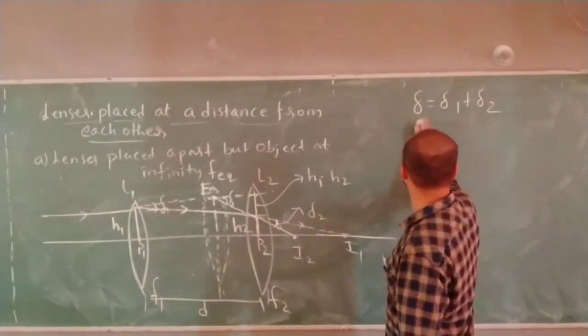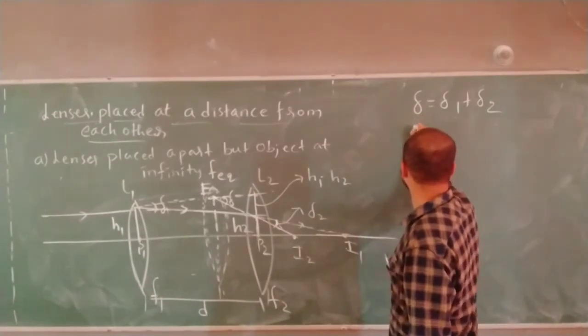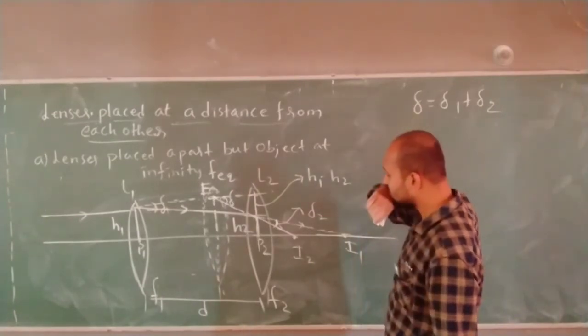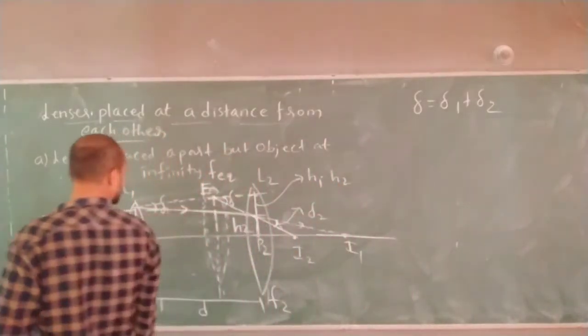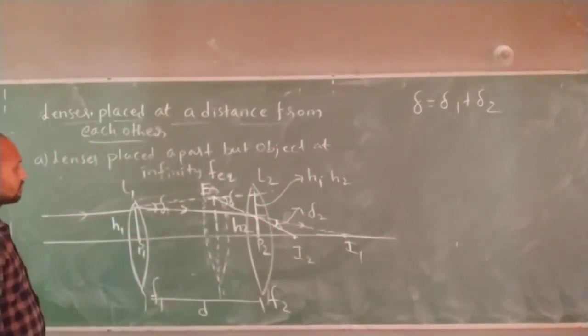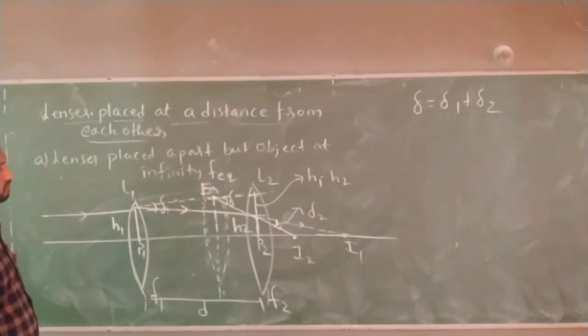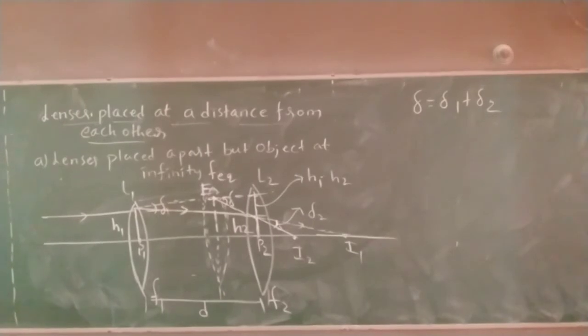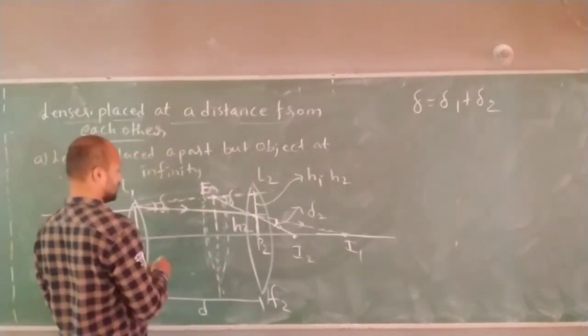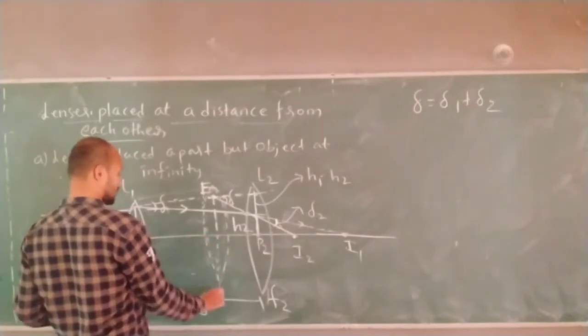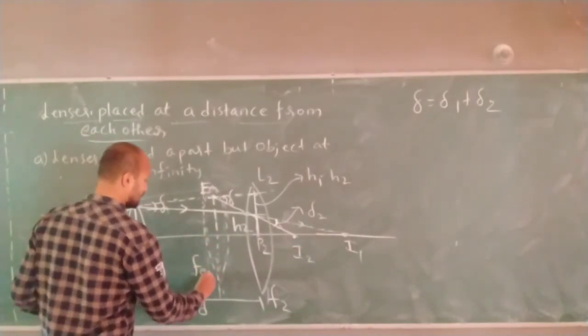In this case, delta is equal to, I can write, what is that? Delta is equal to what? Let me write this here. Focal length, where I am taking, this is F equivalent.